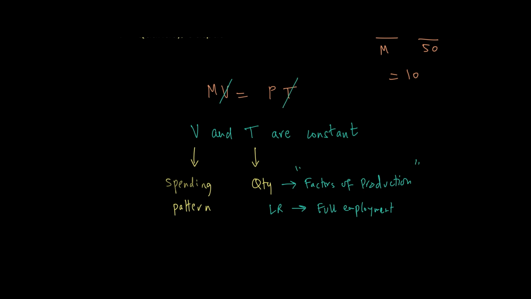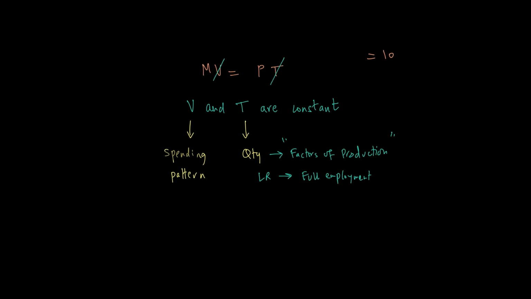So if V is constant and T is constant, then whenever the government increases money supply, automatically your price level will go up. So when M goes up, price level goes up. That's the view of the monetarist economists, which explains that inflation will take place because V and T are constant, and money supply directly makes the price level go up.